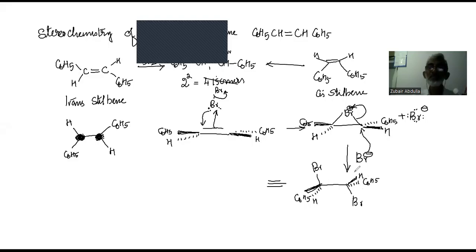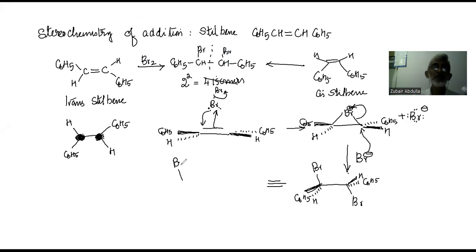Let's see how we can draw it. Suppose you rotate this. This bromine will come here, Br. And this C6H5 will come to the front on both the sides, C6H5. And over here, the hydrogen will go to the back side.